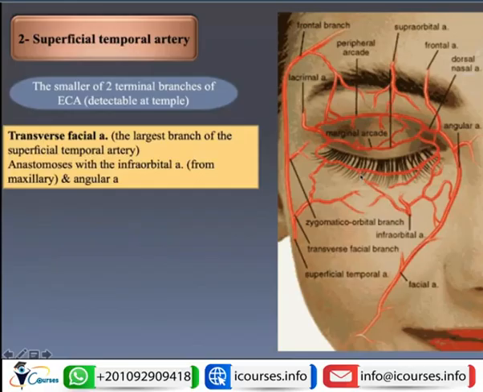Then the external carotid artery will divide into two terminal branches. The superficial temporal artery, which is the first one and the smallest one, can be felt in the temple, as you can see.